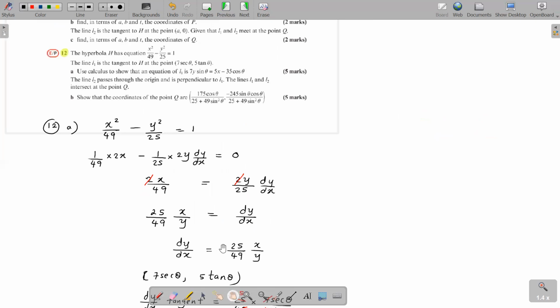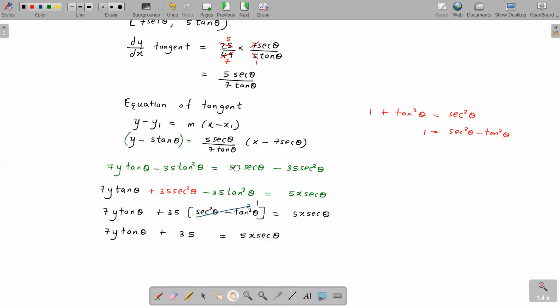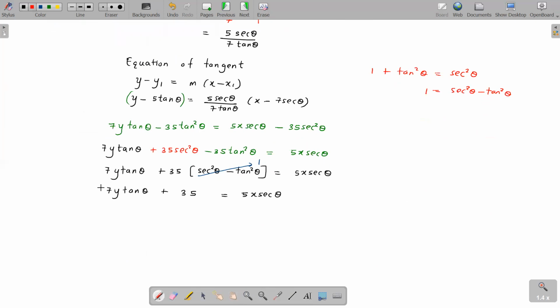The show that had 7y sine theta, 35 cos theta. So basically we'll multiply the whole equation by cos. When we multiply, I get 7y tan theta into cos theta plus 35 cos theta, 5x sec theta into cos theta, it becomes 1.